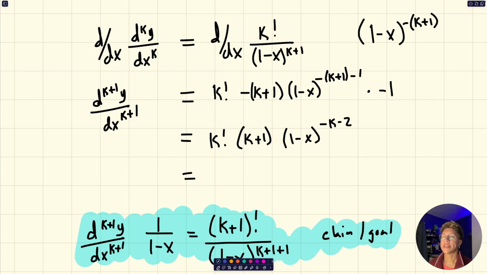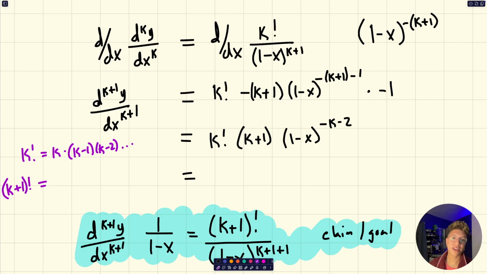So this is negative k minus 2, like that. So we just want to simplify again. Using what we know about factorials, k factorial, maybe we can do it over here, is equal to k times k minus 1 times k minus 2, and so on. K plus 1 factorial is this whole previous factorial, just with k plus 1 added on.